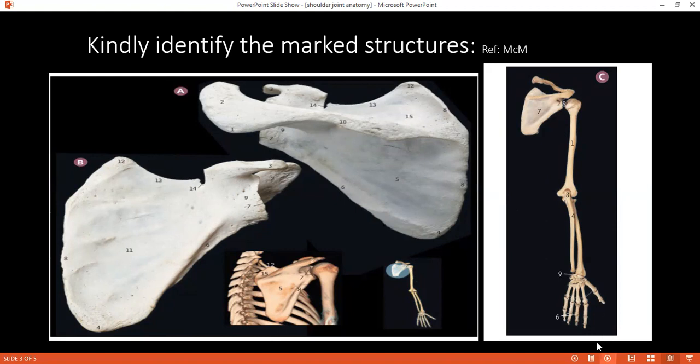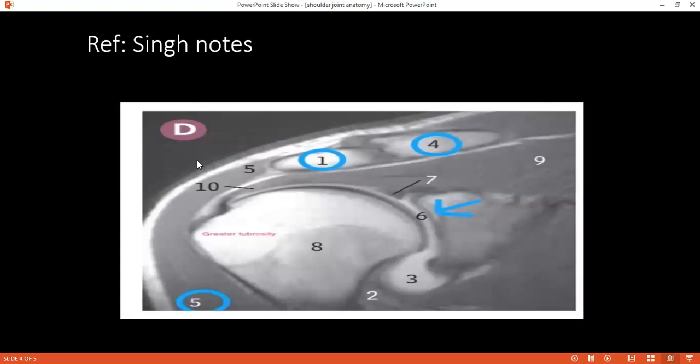Can you please tell me what kind of image you are looking at first of all? This is the MR arthrogram of the shoulder joint. Can you name a few indications in which this image can be asked? When there is suspicion of labral tear, soft tissue injury, and any ligamentous injury, or after trauma, we need to rule out.